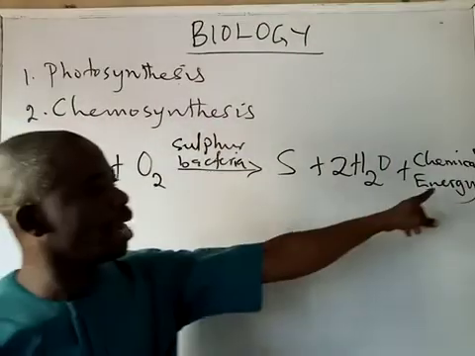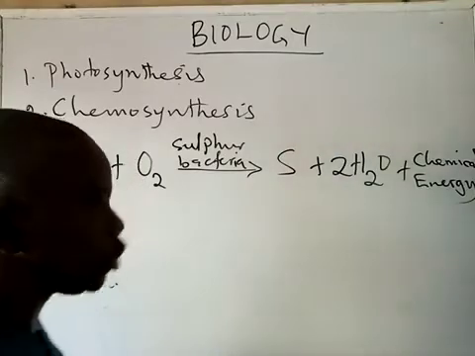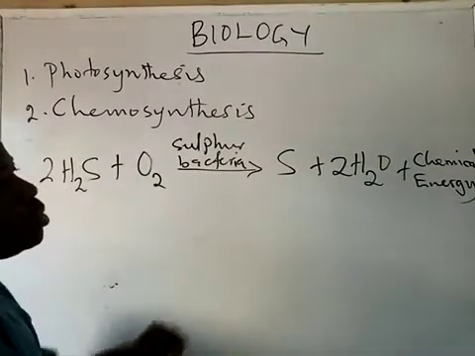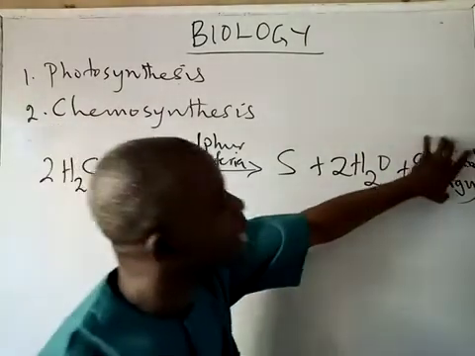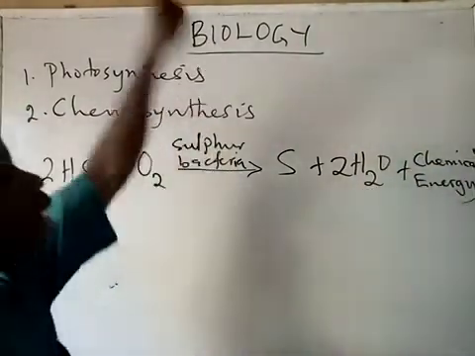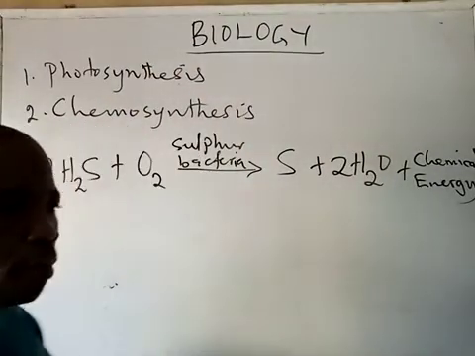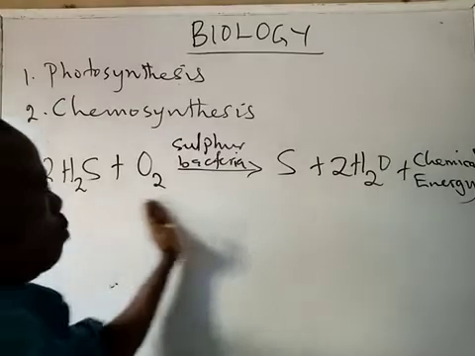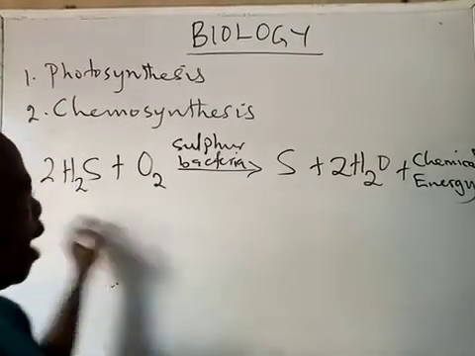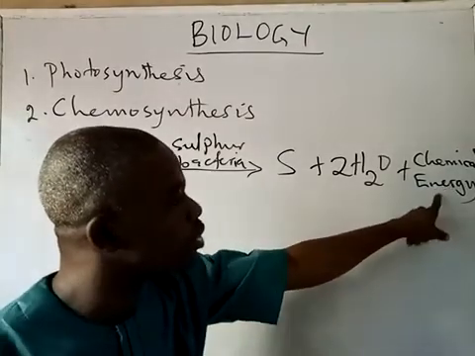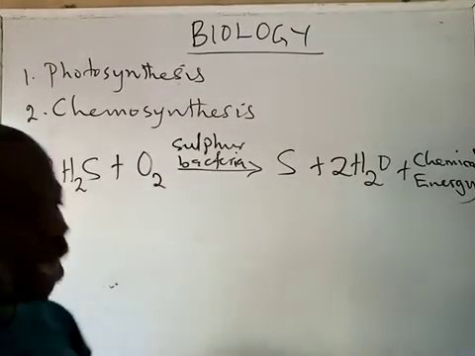So this chemical energy is what the organism uses to synthesize its own food. Rather than using energy of the sun, it uses energy obtained from combination of inorganic substances. So during this process, energy is released. So it uses this energy to synthesize its food.